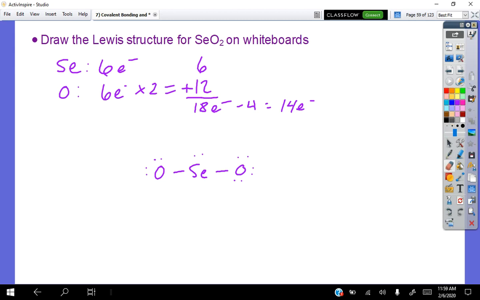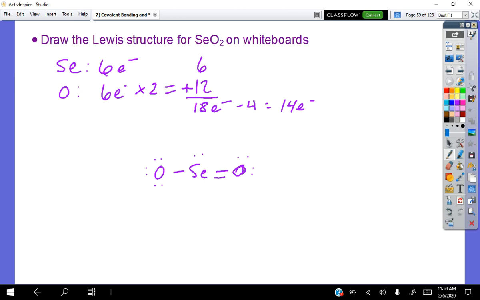Now, I have some options here. I can take a pair and make a double bond here, or I could take a pair from the other side and make a double bond here. Both of those are valid structures, and we'll explore this idea of resonance later on to help us explain why that is.